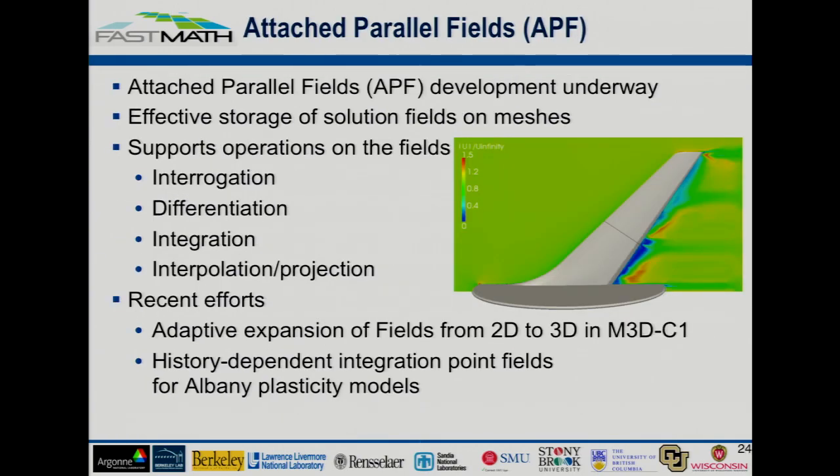Also in PUMI, we have a fields infrastructure that is an array-based infrastructure for supporting fields and the tensors on that, and supports the various base operations on the mesh. Recent developments being done on it, supporting, for example, a fusion code going from 2D to 3D automatically as part of the run, and history-dependent solution transfer.